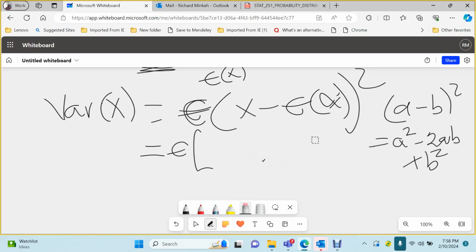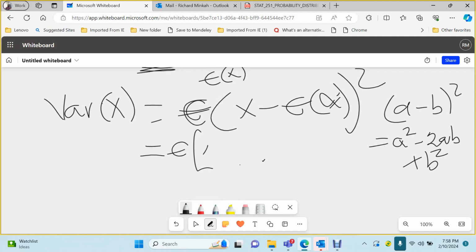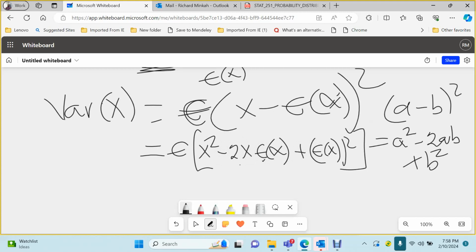Let me write this more small. We'll get X squared minus 2X times the expected value of X plus the expected value of X all squared. Do you agree? It's the same as that one.